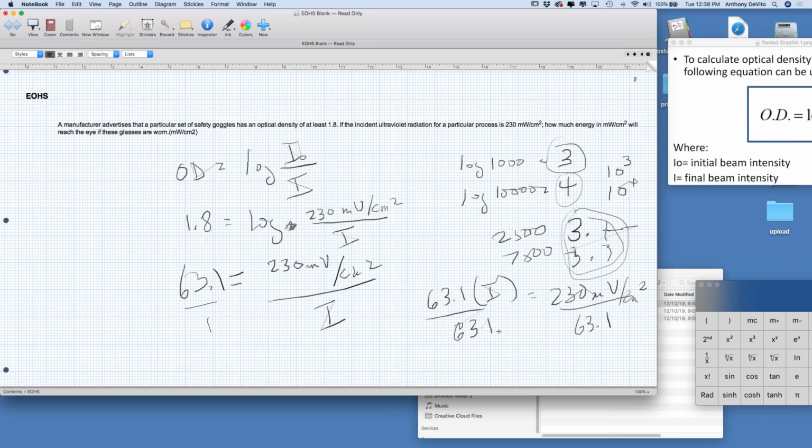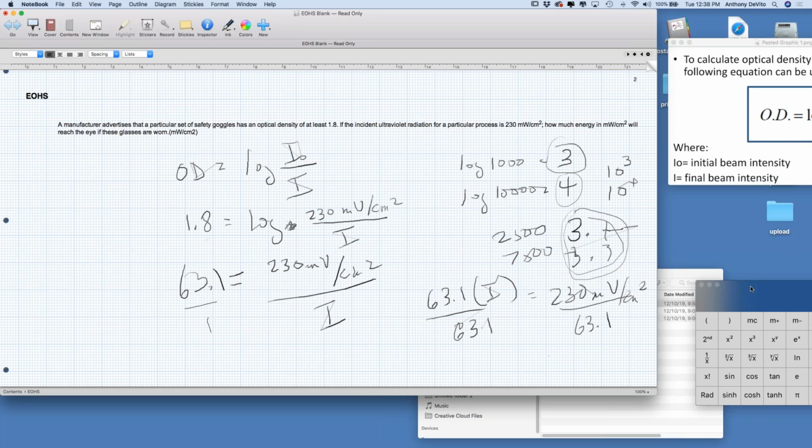Optical density has no units, so it's unitless. So this is going to wind up being milliwatts per square centimeter. And you can see, because 63 is being divided into 230, it's lower than the original intensity of the ultraviolet light. So that makes sense, right?